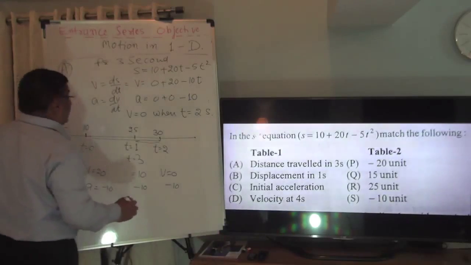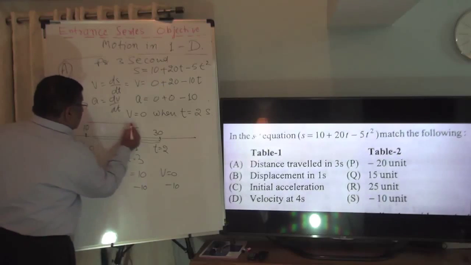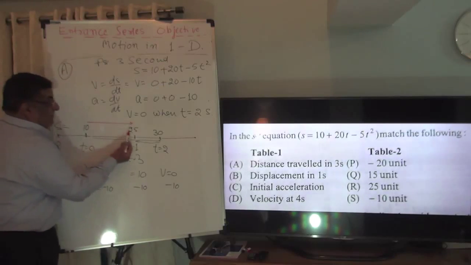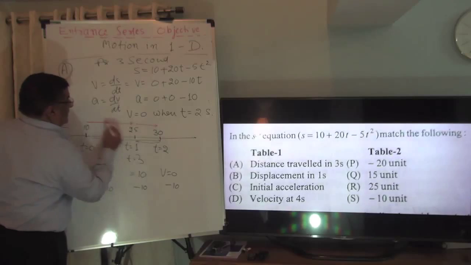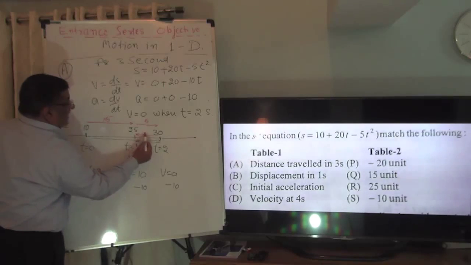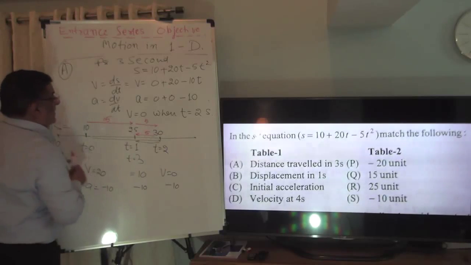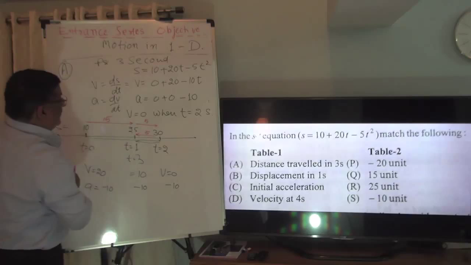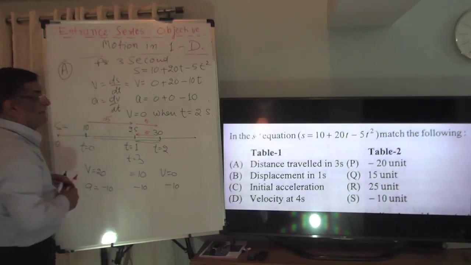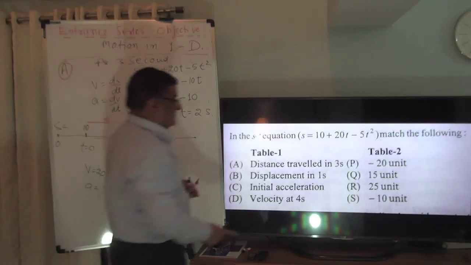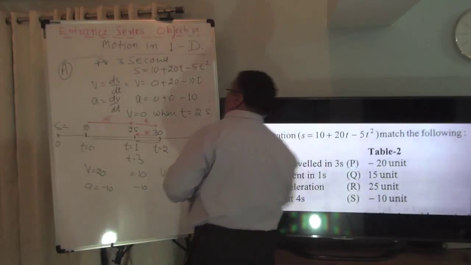It is 15, then 5, and it again goes back 5. 15 plus 5 plus 5, that is 25. Any answer? Yes, this is 25.